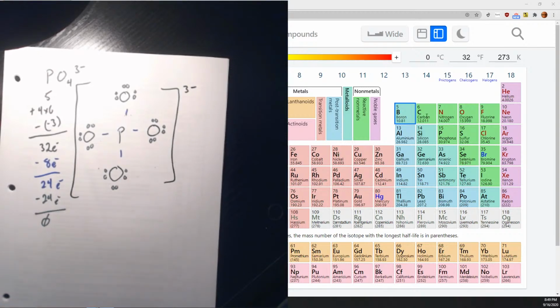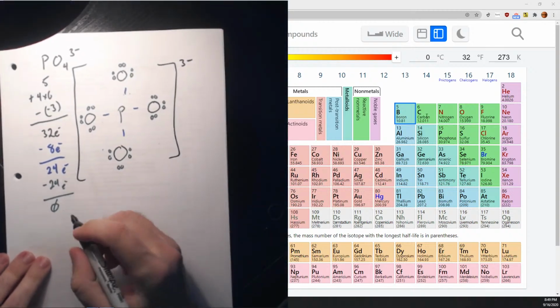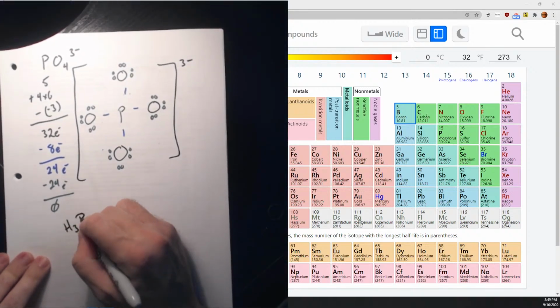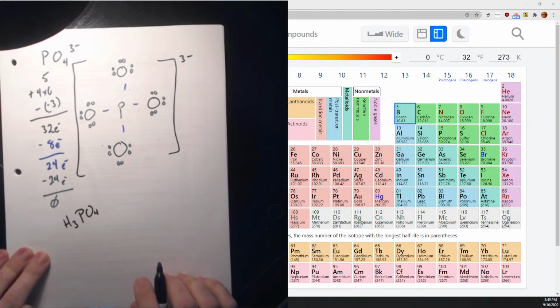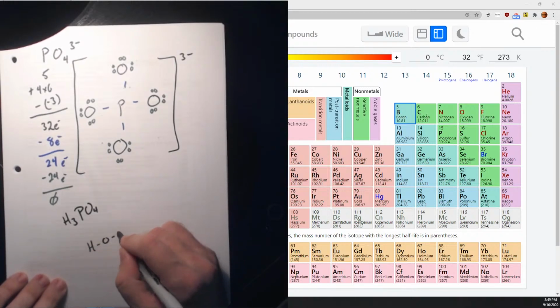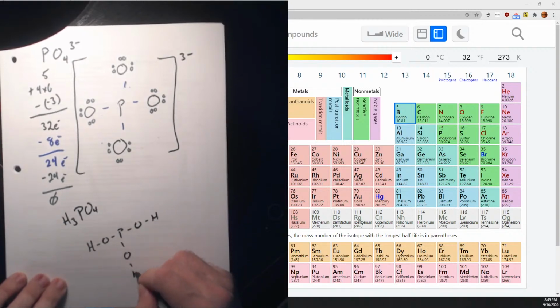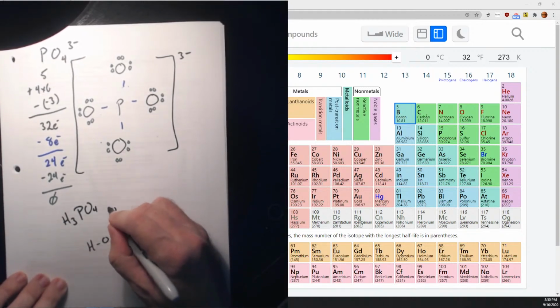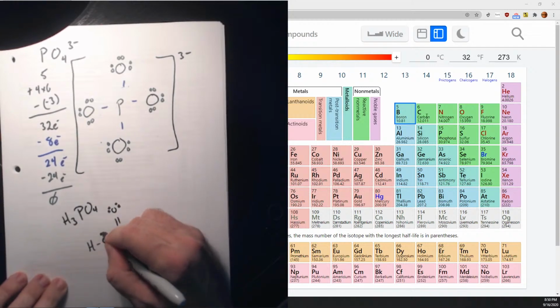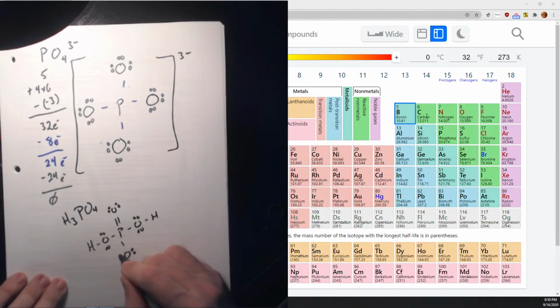But I want to show you something. I will draw it quick, small, simple. This is phosphoric acid. The formula for phosphoric acid is H3PO4. And when we actually look at the structure of phosphoric acid, this is what we see.